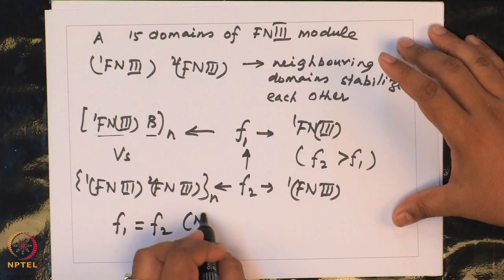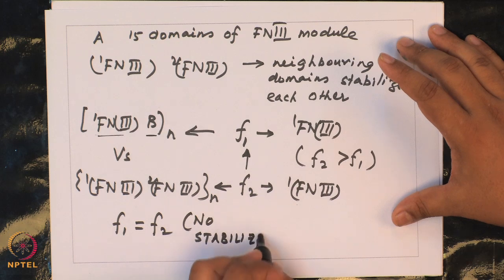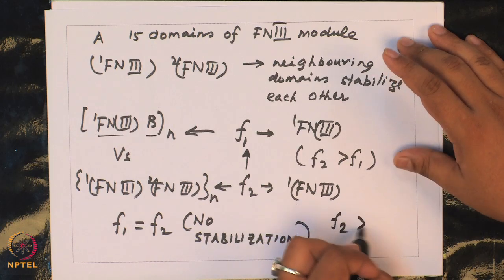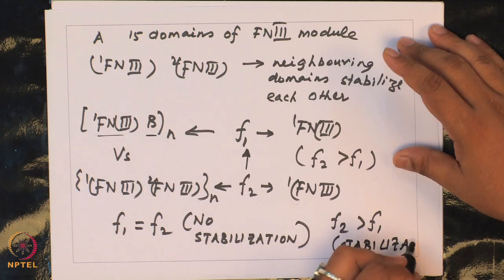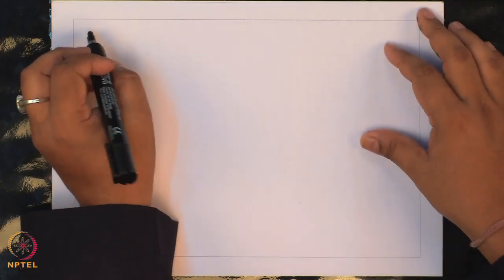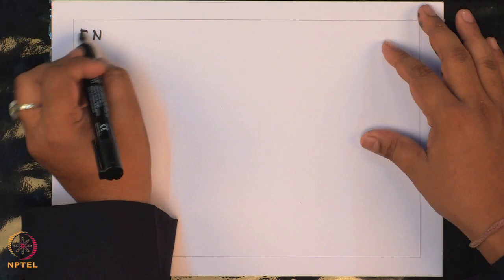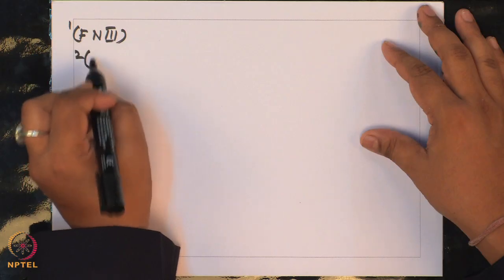So, this is no stabilization, and F2 greater than F1 in the case of stabilization. So, using this strategy, you can theoretically determine the unfolding force signature of all the domains 1 dot dot dot.